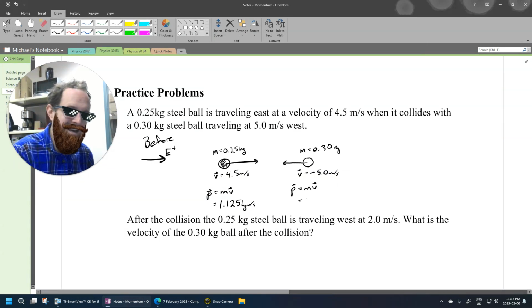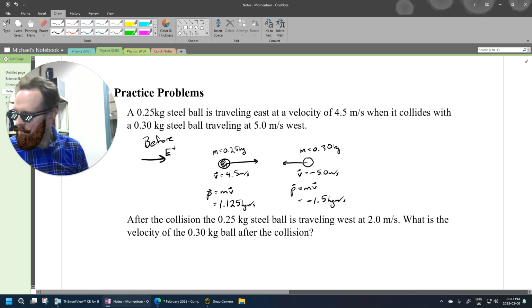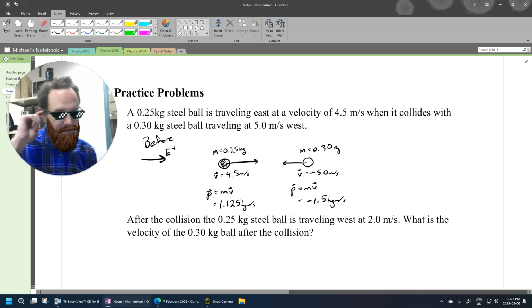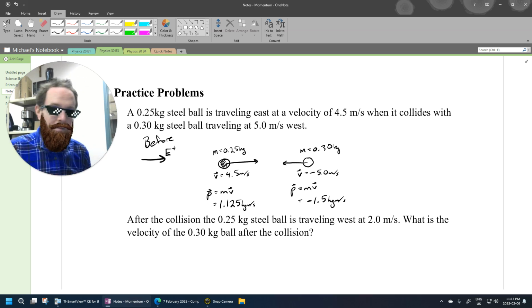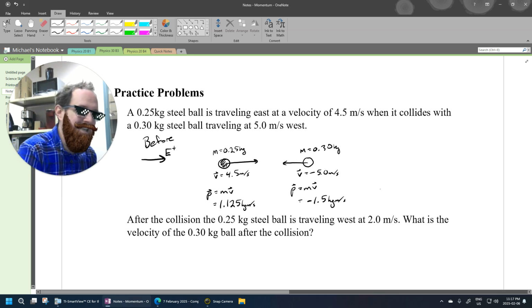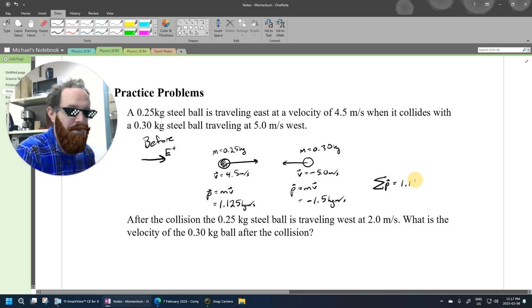So we got a negative 1.5 kilogram meters per second. Okay, so now we found the two momentums. What I'm going to do with these two momentums is add them up. I'm going to find the sum of all the momentums. So I'm just going to add up my two numbers. But one of these numbers is a negative number. So I'm going to add this negative 1.5.